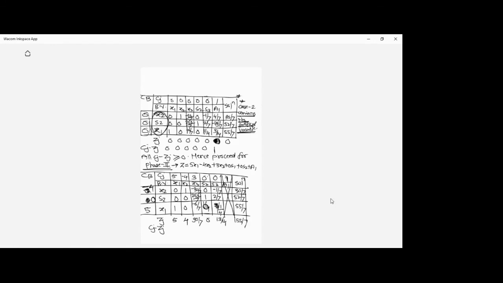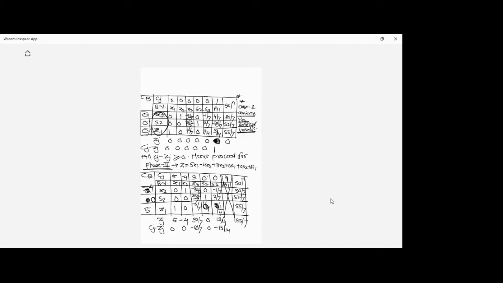Right, so here 5 minus 5 comes out to be 0, then -4 minus 4 is -4, and -4 into 1, so -4 plus 4 will be 0. So 3 minus 90/7 comes out to be -69/7. Here it is 0 minus 0 is 0. Here 0 minus 13/14 comes out to be -13/14.